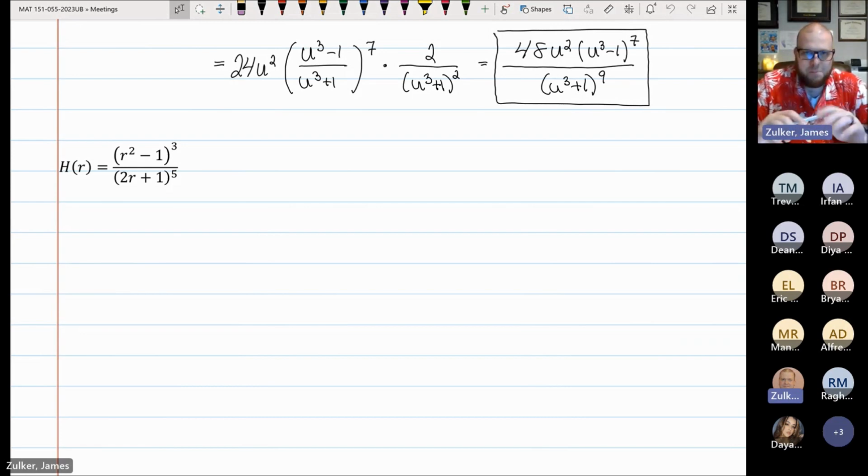All right, so again, big picture. What type of function are we dealing with? Quotient. It's a quotient of two functions, isn't it? Which tells us quotient rule.